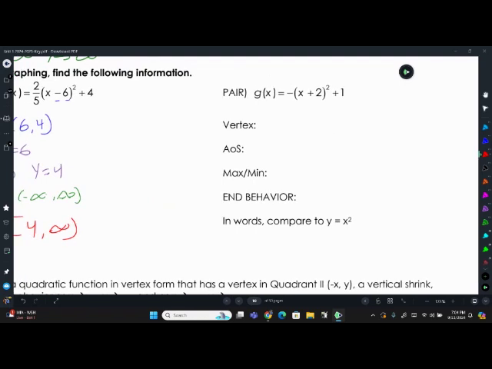All right, this one over here, our a is negative 1, but our vertex will be the opposite of that, so (negative 2, 1). Axis of symmetry is x equals negative 2. Because we have a negative a value, this graph will open downwards, giving it a maximum at y equals 1.